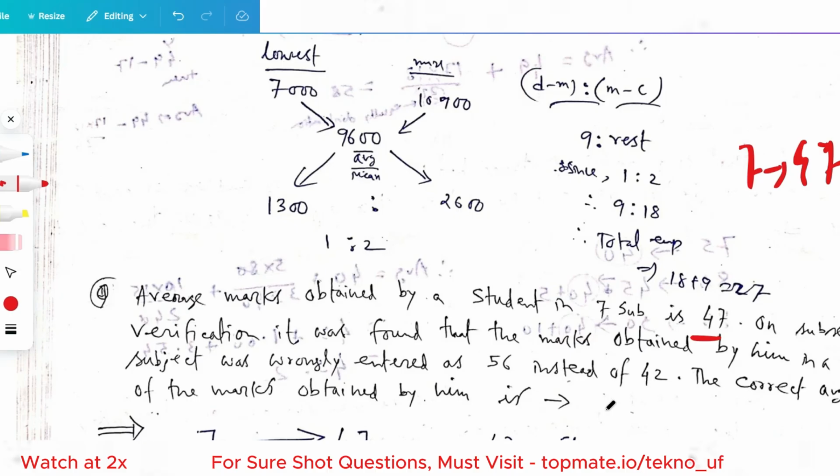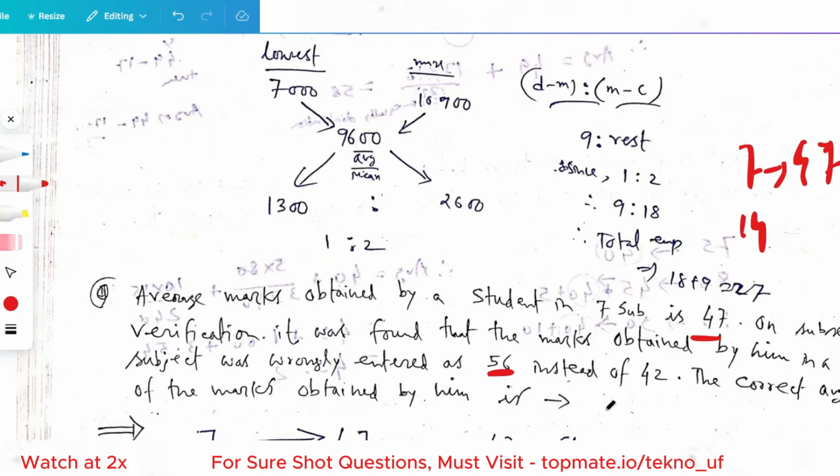For 7 subjects there is a difference of 14 marks, that means there is an error of 14 marks, okay. So if we divide these 14 marks equally among the 7 subjects, then, as you have already seen, they have already written 14 marks more, right?